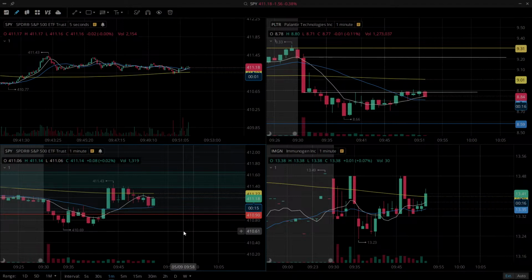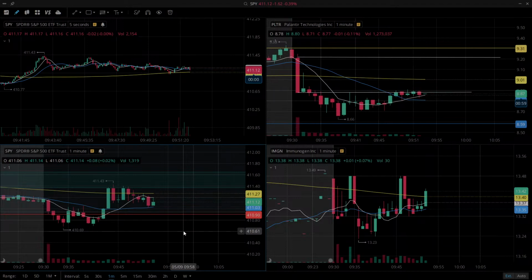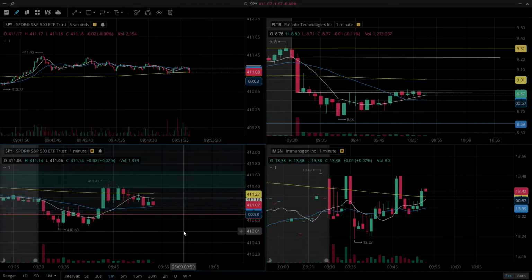See if I can find a decent way to trade the volatility expected tomorrow on SPY. And I don't think we want to be messing below 405 for support on that. Holy crap, IMGN kind of consolidating here.